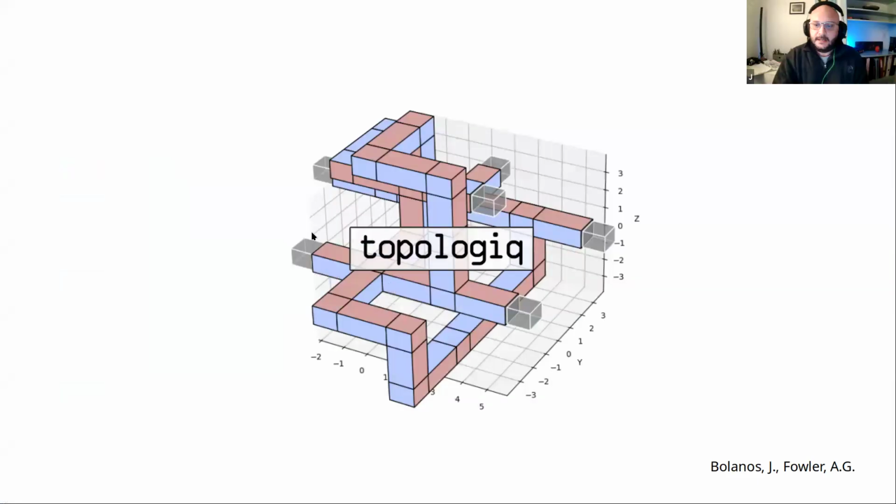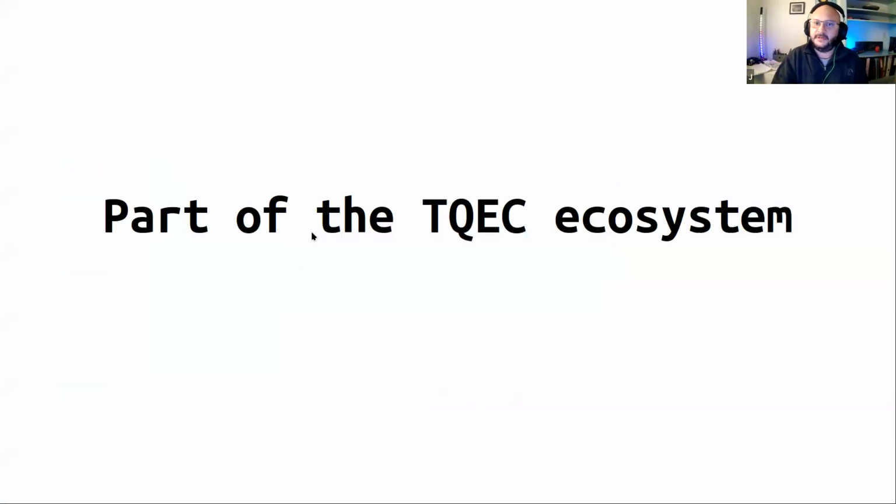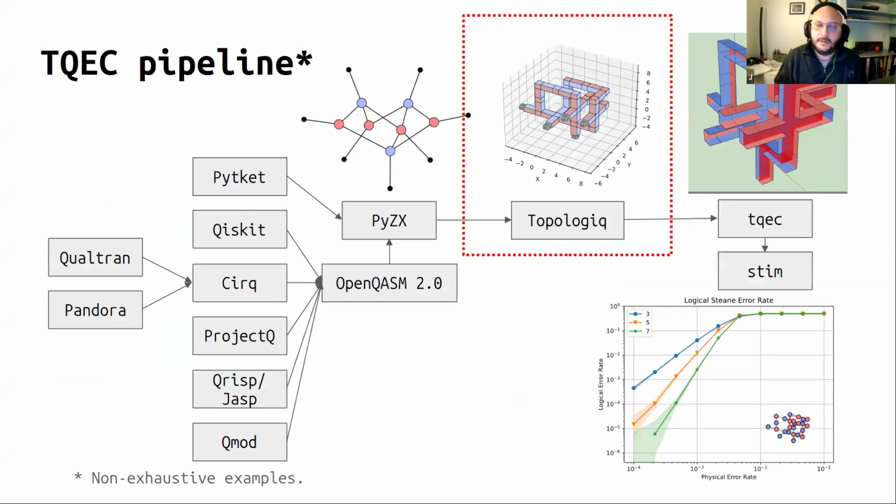So, Topologic is part of the TQAC ecosystem. The first thing that I will do is show you the full view of the ecosystem, although we'll focus on Topologic in the talk. In general, what TQAC is aiming for is a fault-tolerant compilation processor, a compiler.